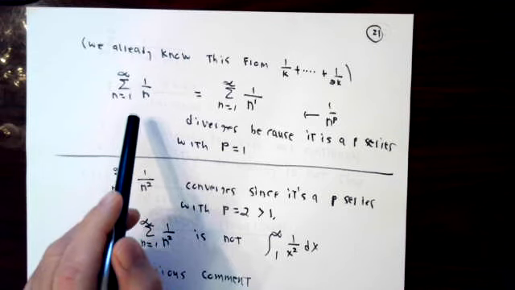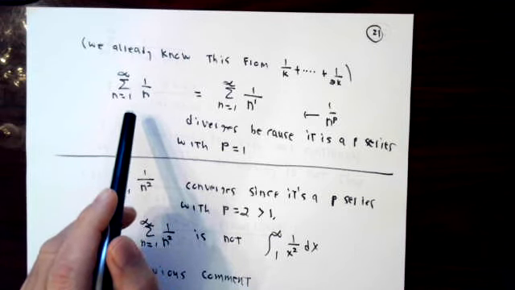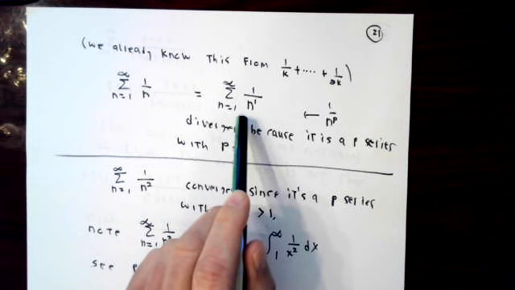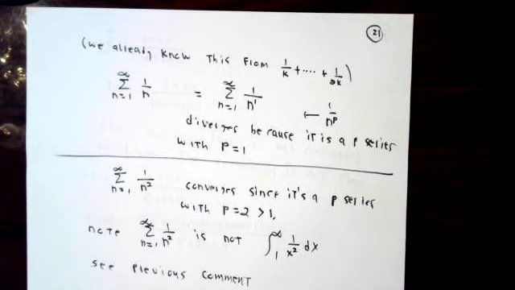The sum, n equal 1 to infinity 1 over n, is a p-series. It's the sum, n equal 1 to infinity 1 over n raised to the 1 power. This is a p-series with p equal 1. And because of what we figured out on the previous page, take one look at that and say, that is a divergent p-series. The end.